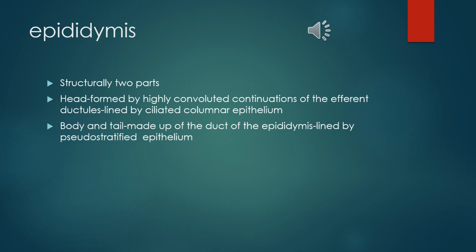Coming to the body and the tail, as we saw earlier, this convoluted ductule later joins to form a single duct, called the duct of epididymis, which forms the body and the tail. That part is lined by pseudostratified epithelium with stereocilia.